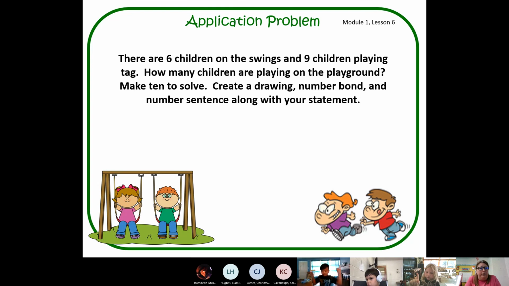So 6 is 1 and what? Good job, Charlotte. All right, 1 and 5, that's right. So go ahead and circle the 9 and the 1, because you know that makes 10.